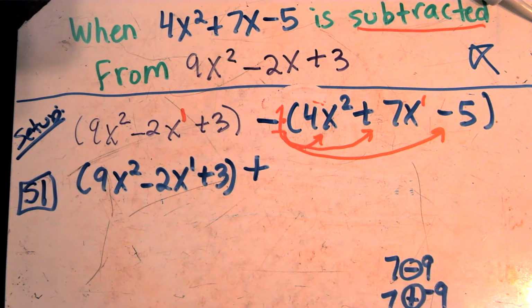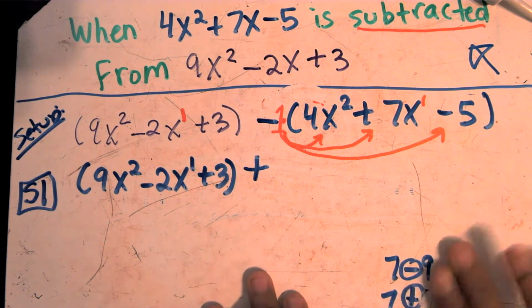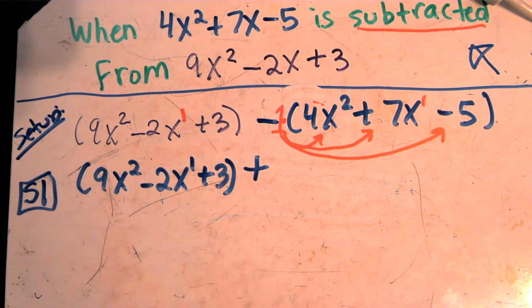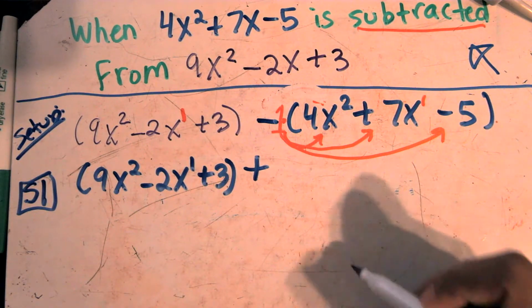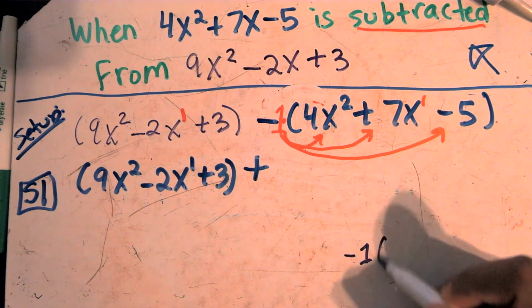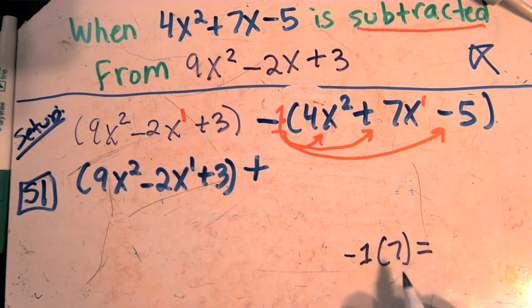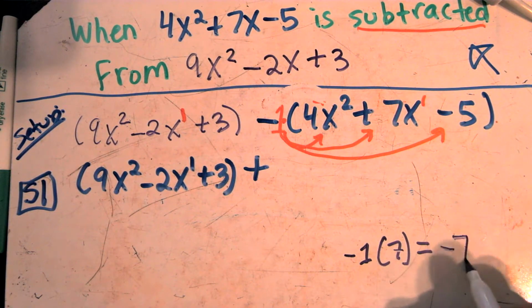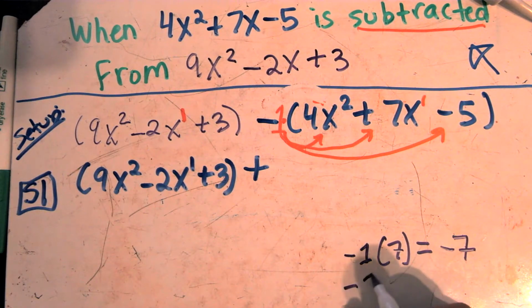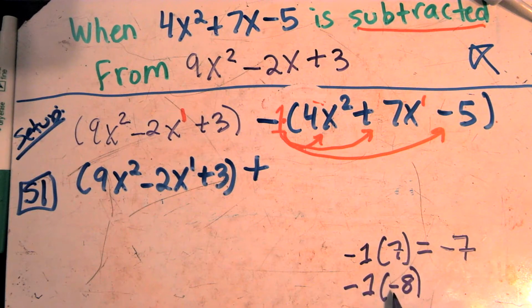And when you multiply a number by a -1, it causes the sign of the original number to change. So multiplying -1 to a +7, that +7, and I know it's a positive because there's no sign, becomes a -7. Similarly, if I multiply -1 to a -8, for example, the -8 is now a +8.